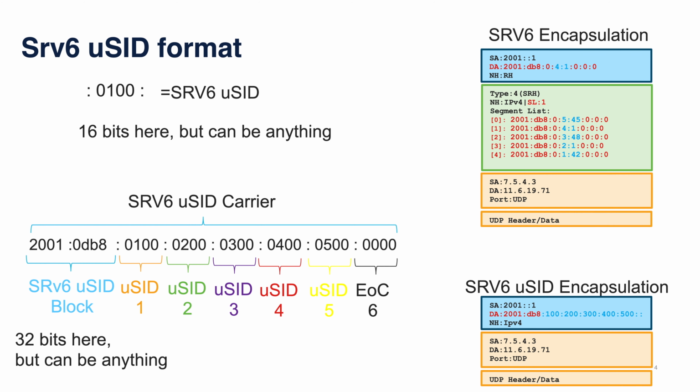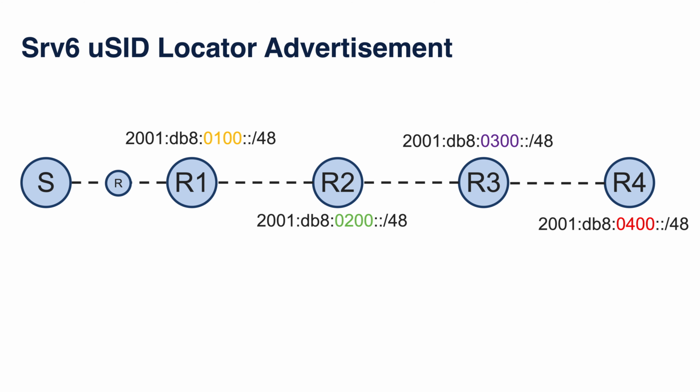For 7.3.1, the implementation is exactly a 32-bit carrier, a 32-bit prefix, and 16-bit SIDs.